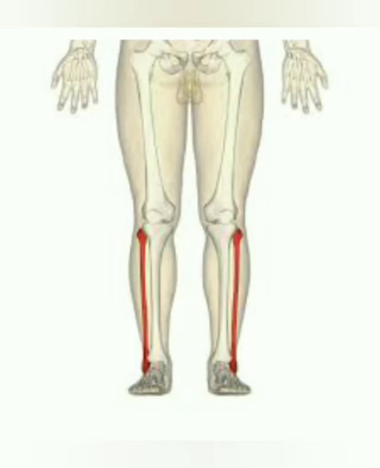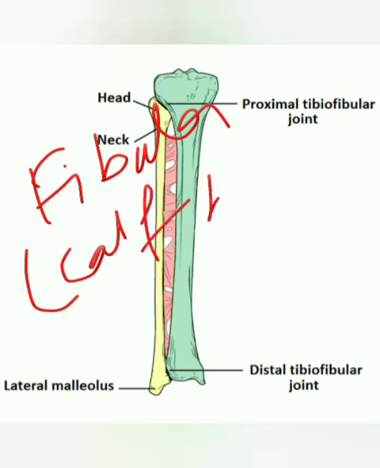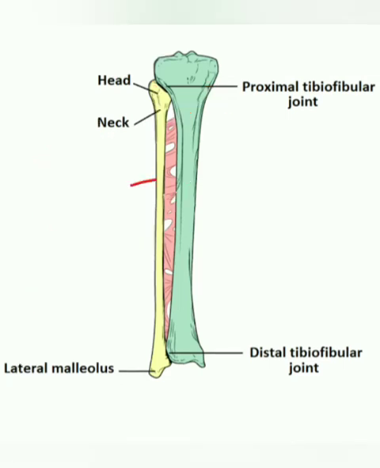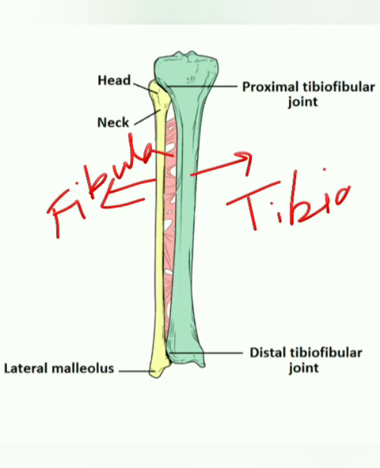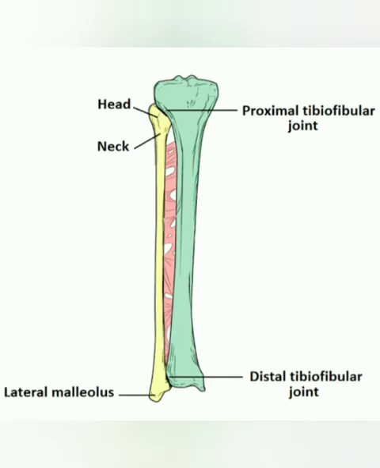The next part is fibula, which is shown in red. So fibula, also called calf bone. This is the fibula and this one is tibia. So this fibula is long, thin and lateral bone of the lower limb that runs parallel to this tibia. What is its function?